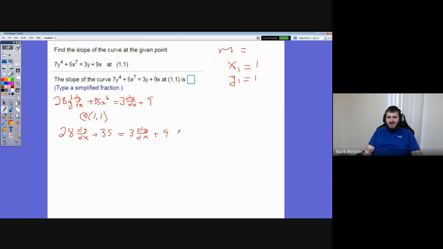Doesn't that feel simpler? To me, it does. Now you can subtract it over. I have 28 sheep. I'm going to subtract 3 sheep. So now I have 25 sheep. I'm going to subtract the 35 over, and I get 9 minus 35, negative 26, I think. Yeah. Then divide that over.